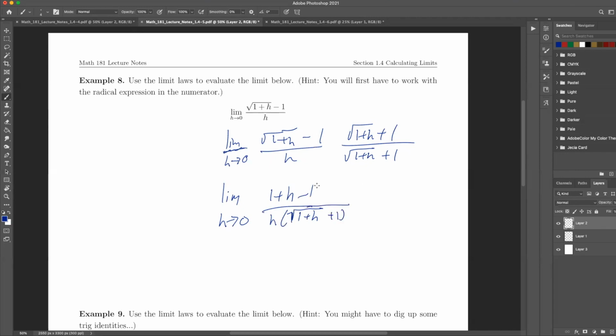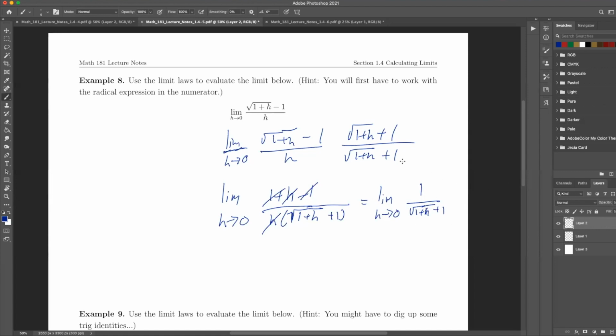Okay. Well, notice that this cancels with this, and this h cancels with this h. And I can do that because h approaches 0, but is not actually 0. I'm left here with the limit as h approaches 0 of 1 over the square root of 1 plus h plus 1.